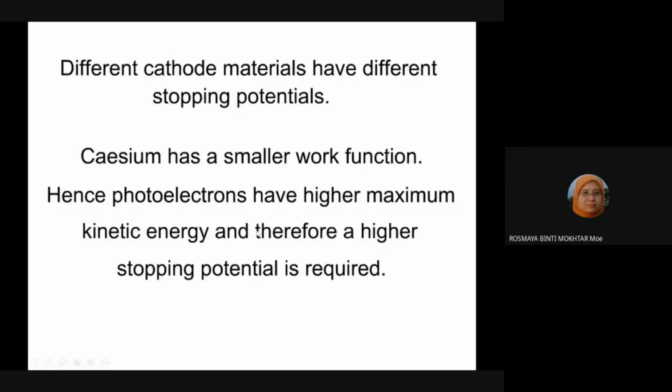Remember the work function we discussed before, the minimum energy absorbed by the electron in the metal so that it manages to escape from the surface of the metal. Caesium has a smaller work function, so it needs smaller energy to be absorbed to escape from the surface. Therefore the photoelectrons have higher maximum kinetic energy.